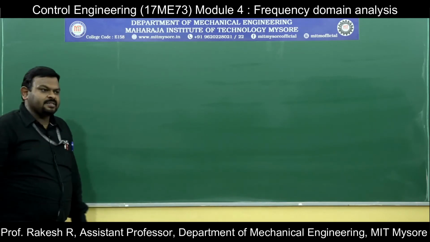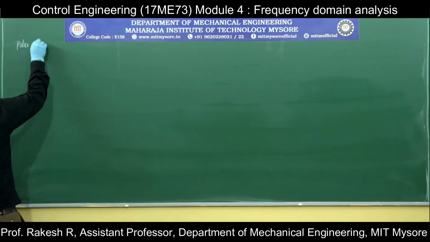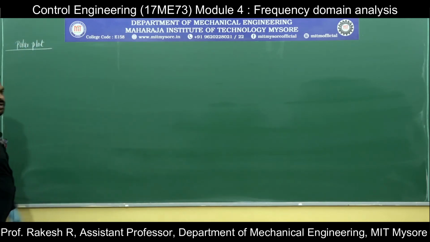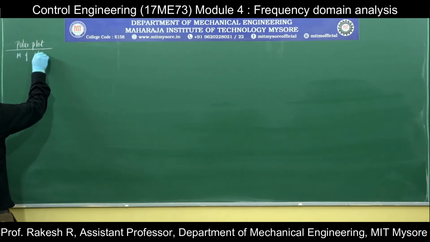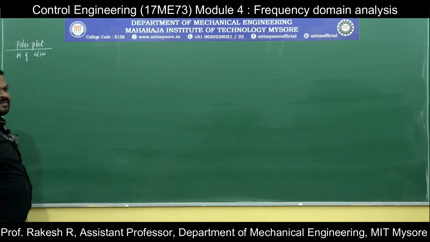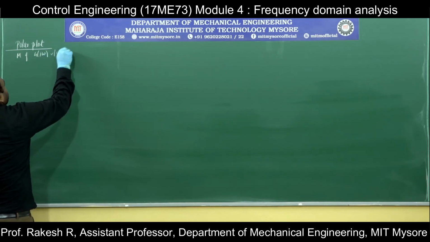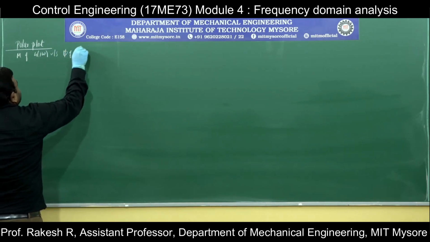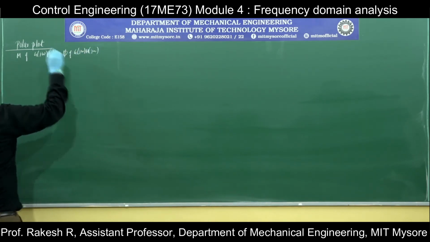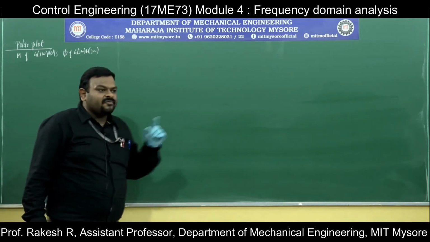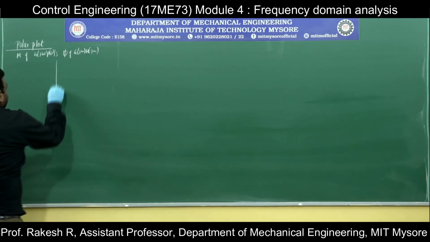The next concept is the polar plot. A polar plot is a plot of magnitude of G(j omega), or simply magnitude of the open loop transfer function, versus phase angle of the open loop transfer function. Already we have seen the polar plot.